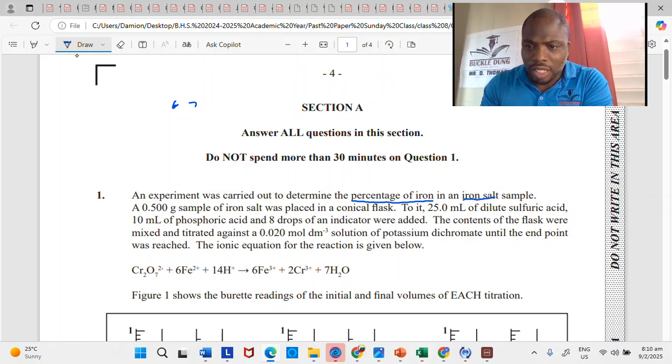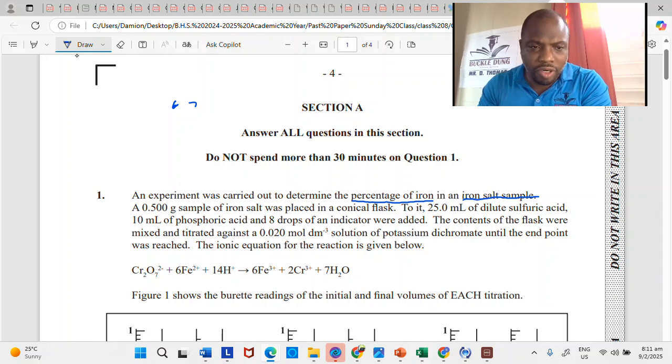A salt, as you know, when we're dealing with acid, base, and salts, is an acid in which all the hydrogen has been replaced. So this iron salt would have iron plus whatever anion was in the acid. So if it was hydrochloric acid, it would have been iron chloride, sulfuric acid, iron sulfate, nitric acid, iron nitrate. We don't know which salt it was, but we know it's an iron salt.